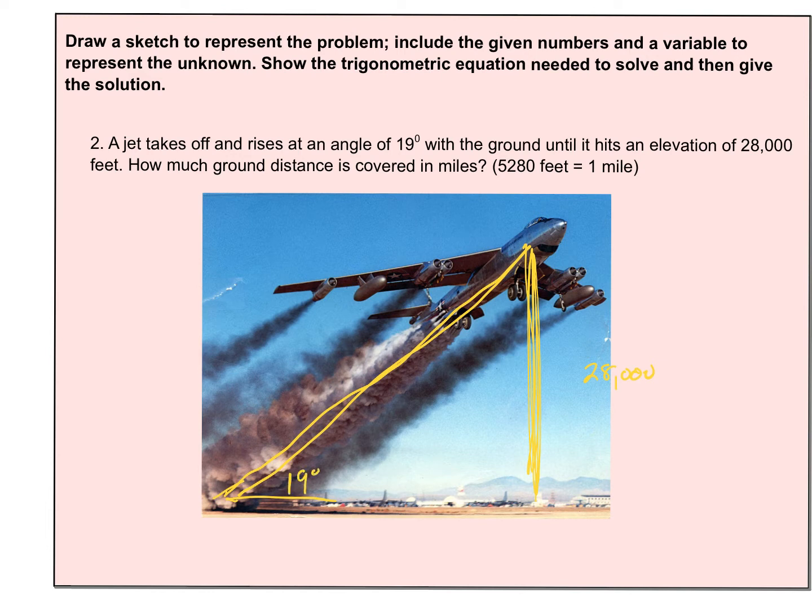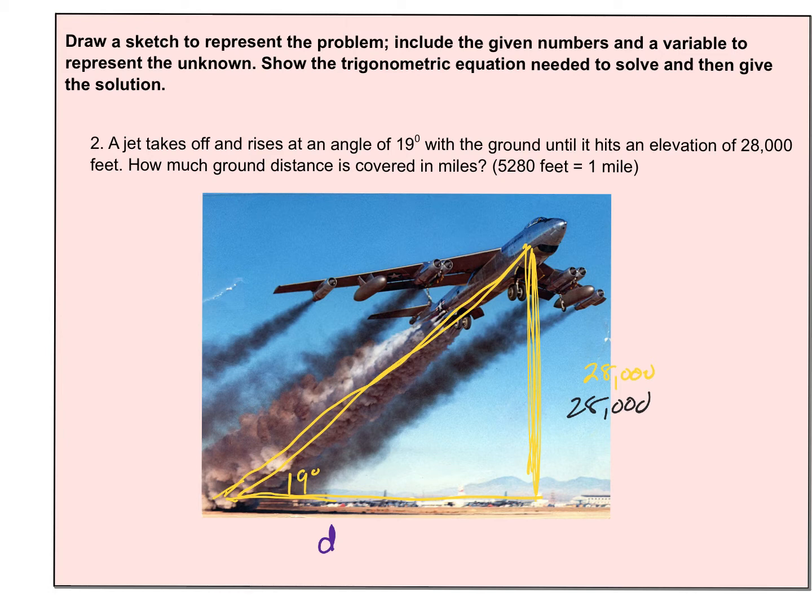This is going to be 19 degrees. You're doing that at 28,000 feet, and you're trying to figure out this distance, my ground distance, right here. So how far did it go?